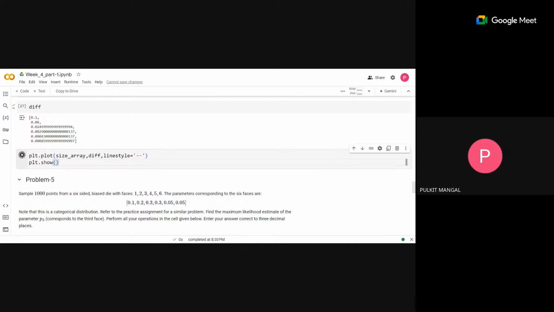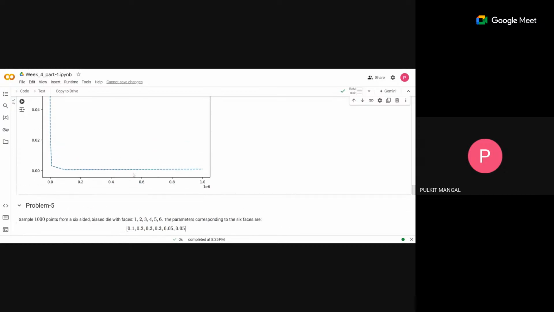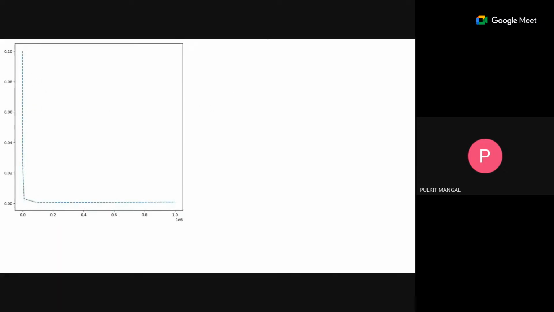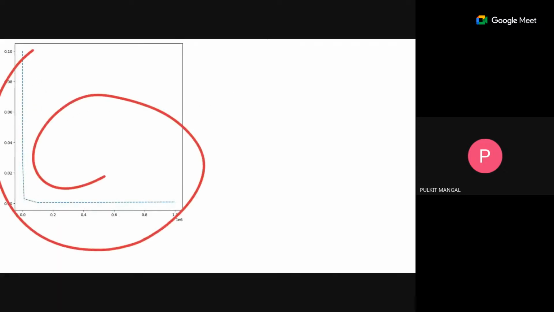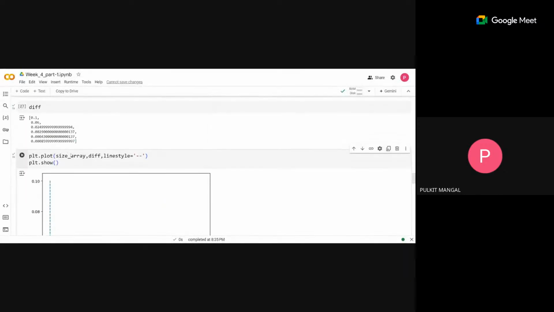If you just directly plot this, it will look something like this. If we open it in full screen, it is not very good to see. The reason is that the scaling is very different between the x-axis and the y-axis. So we will change the scaling for the x-axis.